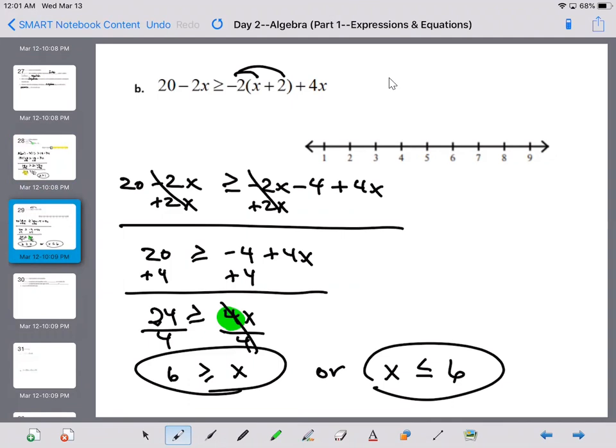So since it's a greater than or equal to symbol, and the answer is at 6, I'm going to include 6. This is one of those inclusive situations with your solutions. You're going to include 6 because of the less than or equal to. So I want everything less than or equal to 6. So that's my shading on a number line to show all the possible solutions.